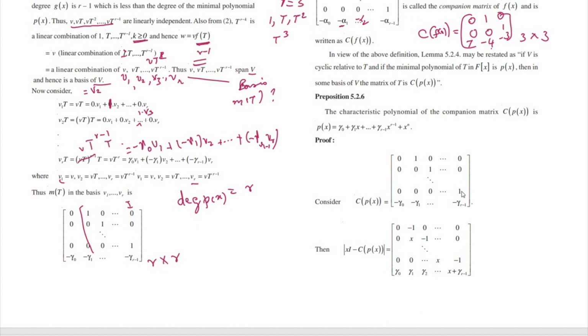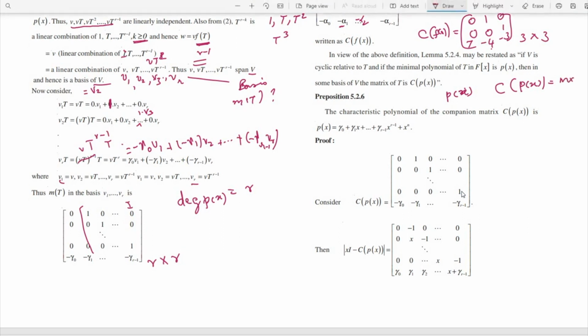See, if I am given a polynomial, say P of x, then for this polynomial I can find the companion matrix. Now given any matrix, say matrix A, we know how to find the characteristic polynomial. It will be again a polynomial of some degree.